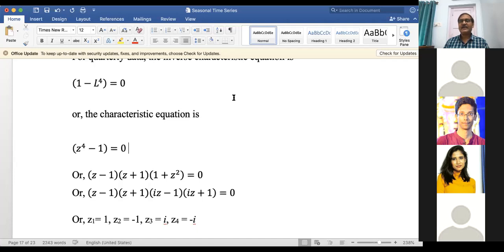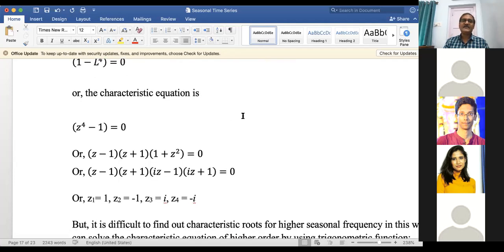So in this way, you have more characteristic roots even if your series follows AR1. We have to keep in mind this basic difference between the annual time series and seasonal time series as far as the nature of the characteristic equation is concerned.